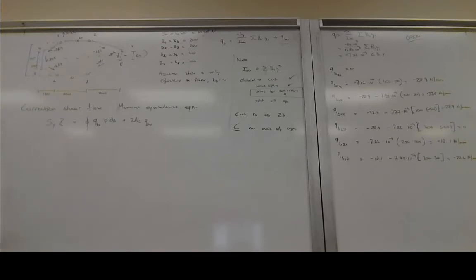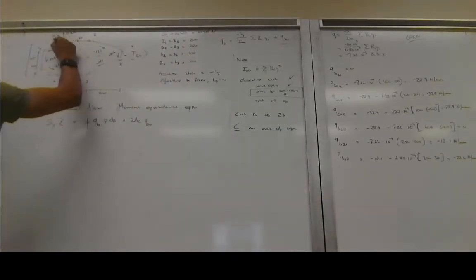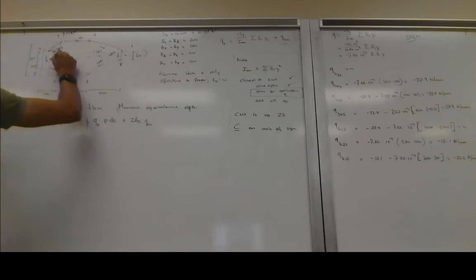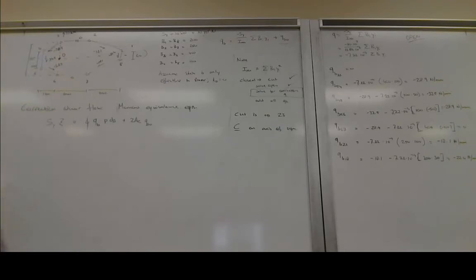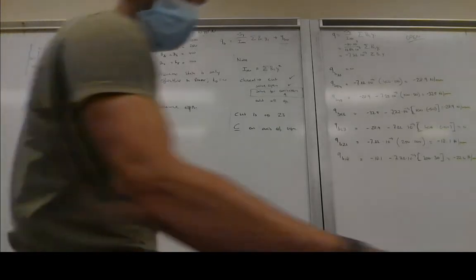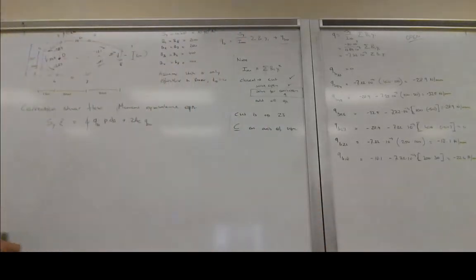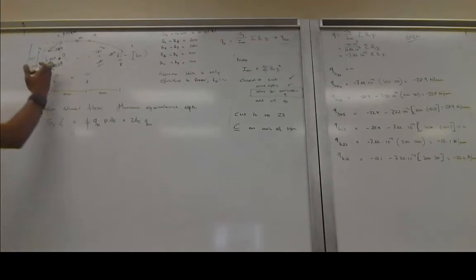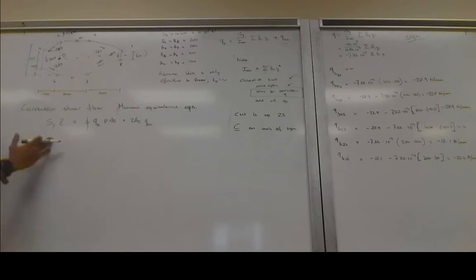So now we have to determine the moment arm around the given section. If we draw a line here, we're going to calculate the moments around this point, and let's call that O. So we're going to do a moment equivalence equation around point O. The reason we choose that is the shear force goes through that section, so there's no moment arm, so this part is equal to 0.